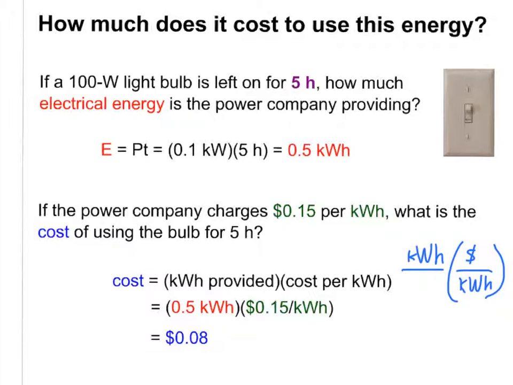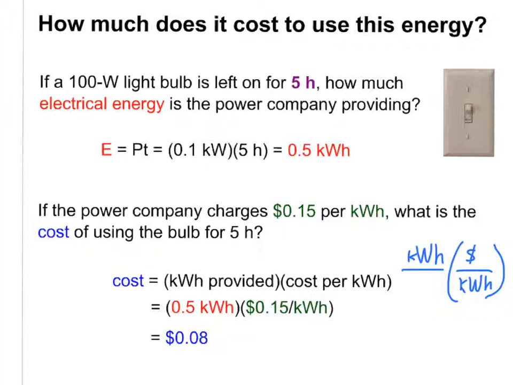And if that's hard for you to come up with mathematically, if you write it out and you simply say the kilowatt hours of energy that we used, and we multiply it by the conversion unit, which is for each single kilowatt hour, the company is charging this much money.